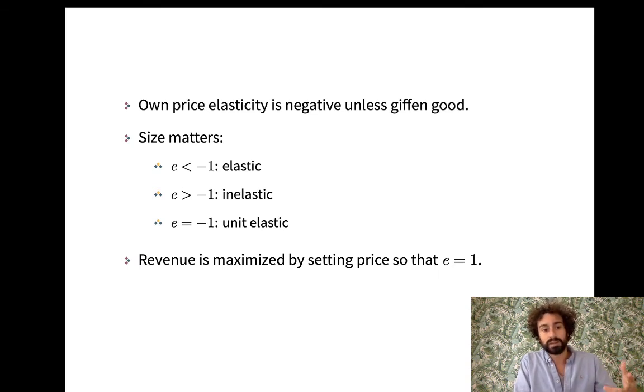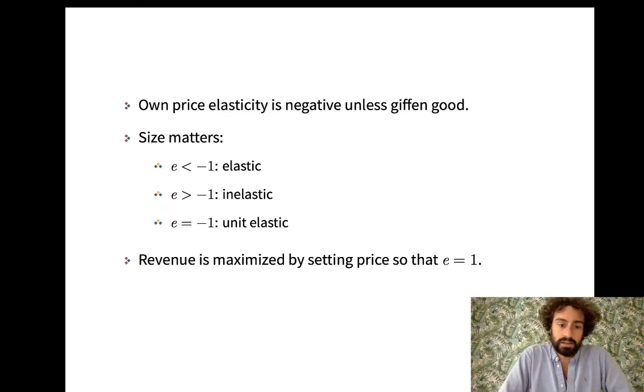That means if it's -2 or -3, a 1% change in price has a 2 or 3% change in the relative demand. If it's greater than -1, so between -1 and 0, then I have a less than proportional change in demand.